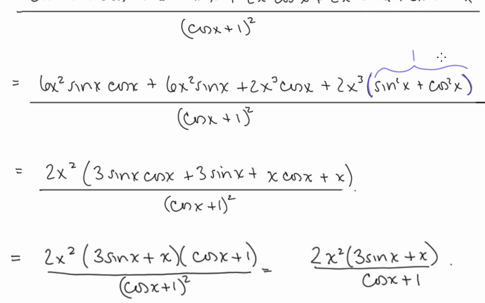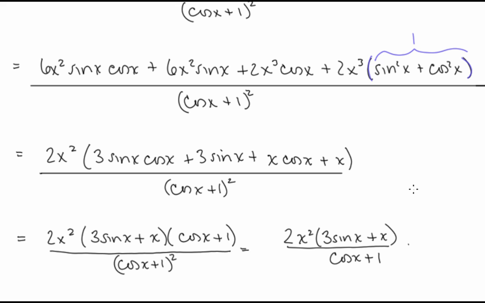And so now, let's just factor out whatever we can. Let's factor out a 2x squared. That's going to leave us with 3 sine x cosine x plus 3 sine x plus x cosine x plus x. And notice we can factor a little bit more here. We have a 3 sine x that factors from the first two terms in here, leaving a cosine x plus 1.